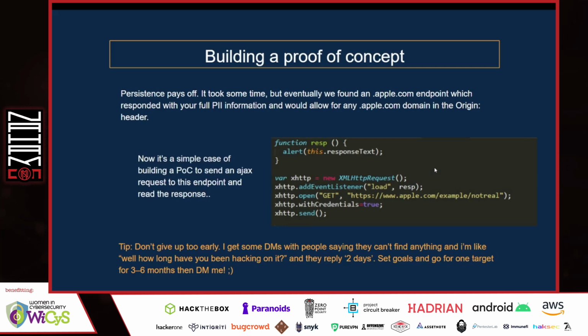So back to the XSS. Once we've got our XSS, we now have somewhere to leak the information. It's literally a simple case of building a proof of concept to send an AJAX request to this endpoint and then read the response. So there's some basic JavaScript which sends a GET request to the endpoint apple.com/example, not the real one. Now withCredentials true says to the browser, send this user's session cookies with the request.